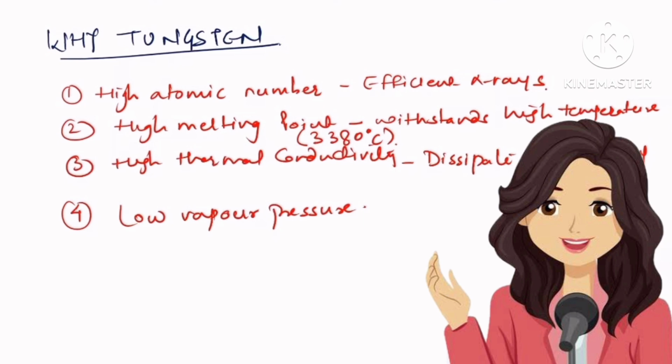Low vapor pressure: it will maintain the vacuum inside the X-ray tube. If the tungsten did not have low vapor pressure, then what will happen? Vapors will be created, and those vapors will be collected on the glass tube, or solidify on the walls of the glass tube.